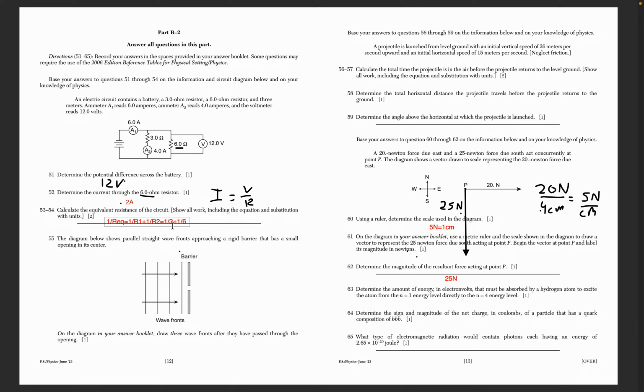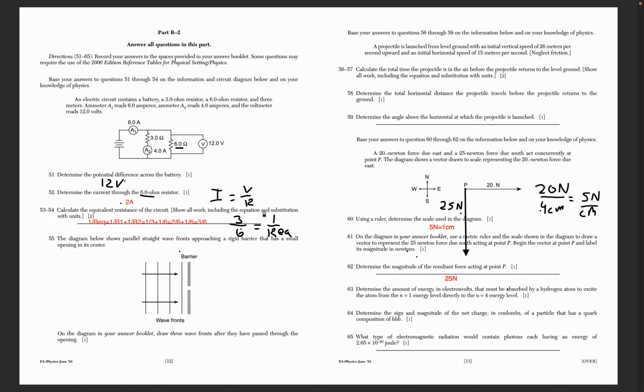Now for the common denominator, you have to multiply by 2, so to add the fractions, it's going to be 2 over 6 plus 1 over 6, which is equal to 3 over 6, and that equals 1 over R equivalent.